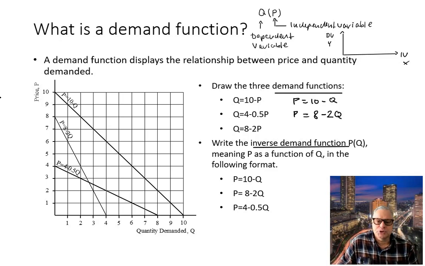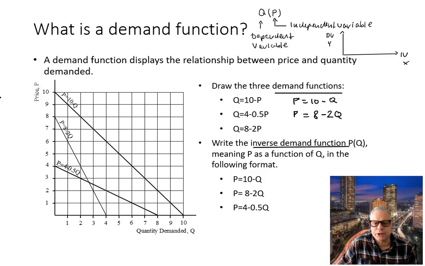And the last one is Q equals 8 minus 2P. This demand function has the intercept here at 8, and then minus 2P, so that would be this one.